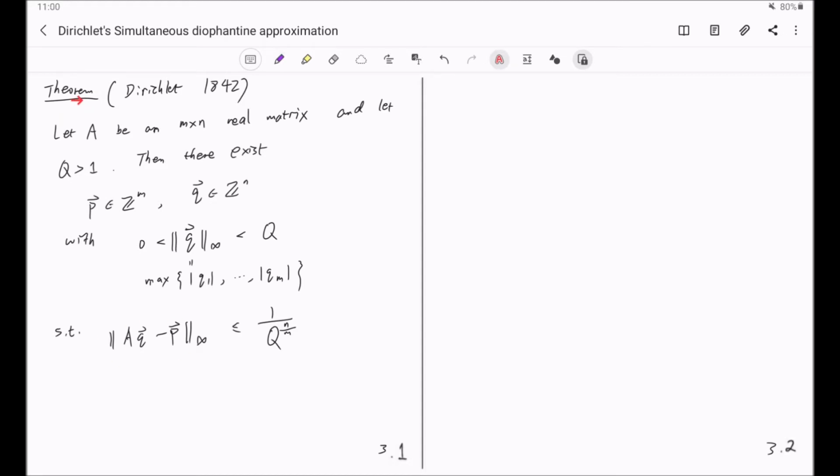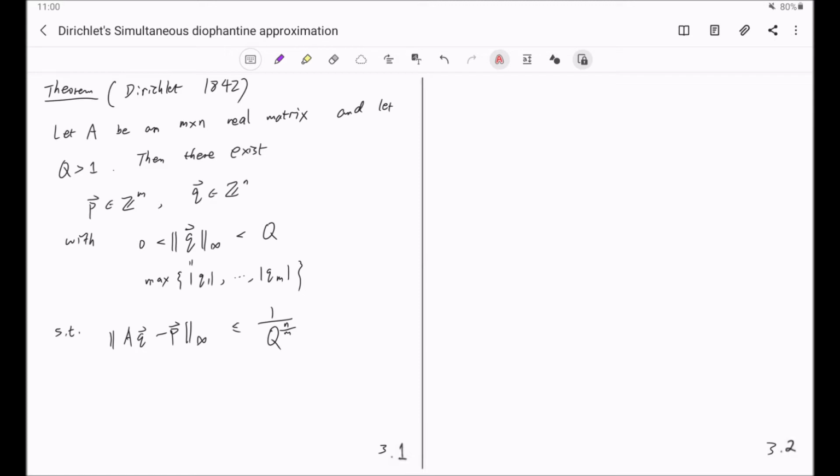So how is this theorem related to Minkowski's linear form theorem? Actually, I should point out that Dirichlet stated and proved the theorem before Minkowski.